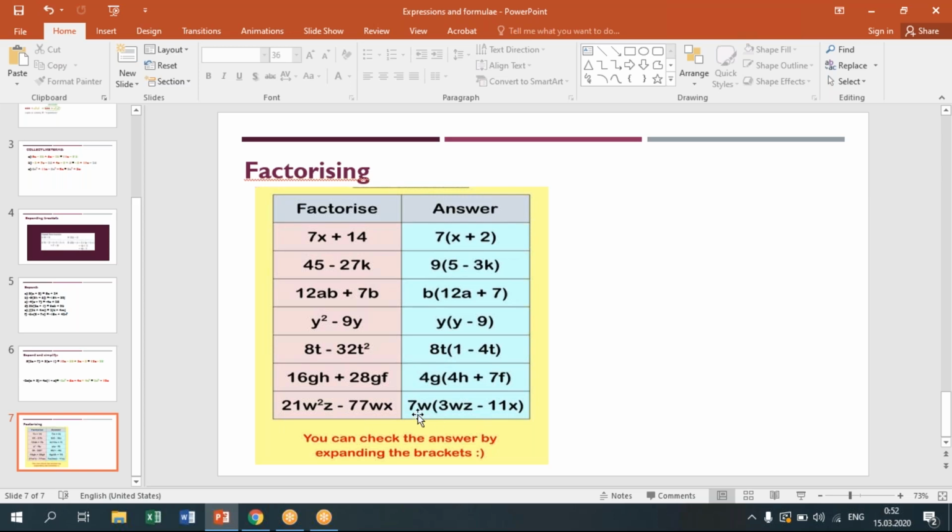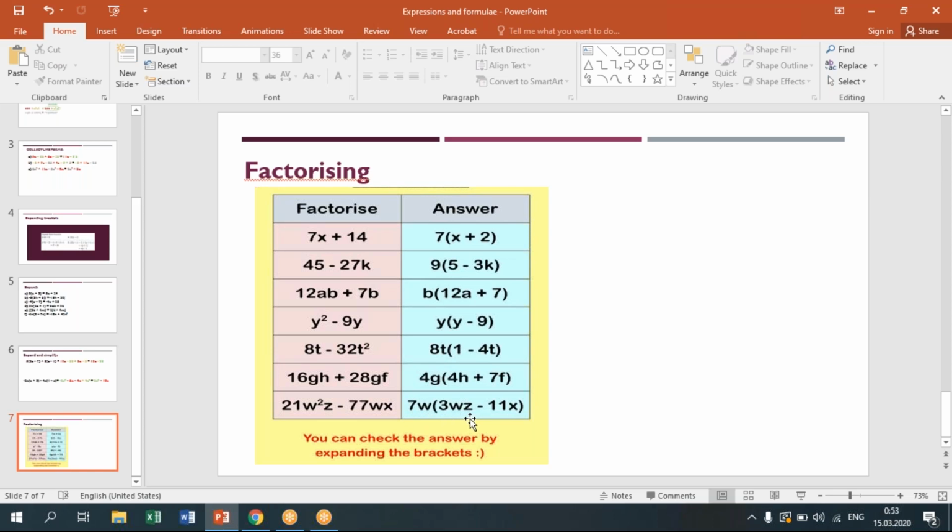Next, 21w squared z divided by 7w. 21 divided by 7 will be 3. w squared will be in, and z, you just have to copy. Negative 77 divided by 7 will be negative 11. w before the bracket, so only x in the bracket.